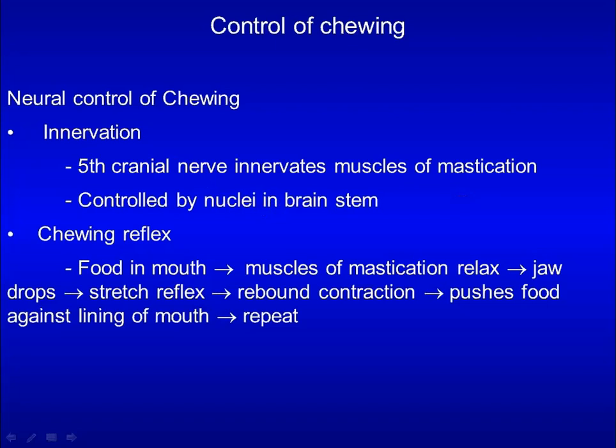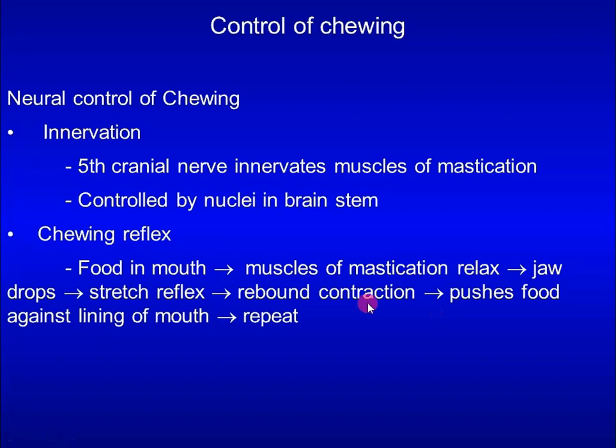Much of the chewing process is controlled by a chewing reflex. Presence of food in the mouth initiates a reflex inhibition of the muscles of mastication. As a result, muscles of mastication relax. This allows the lower jaw to drop, which in turn initiates a stretch reflex of the jaw muscle that leads to rebound contraction.